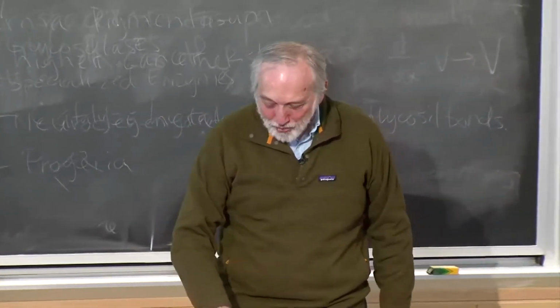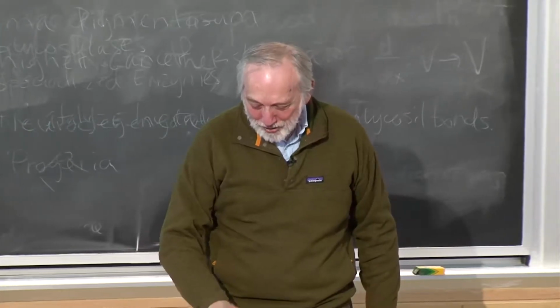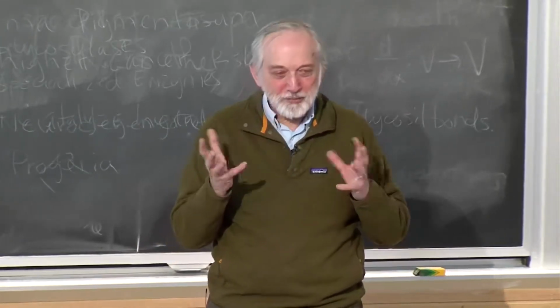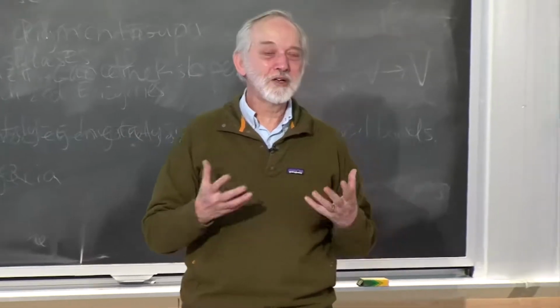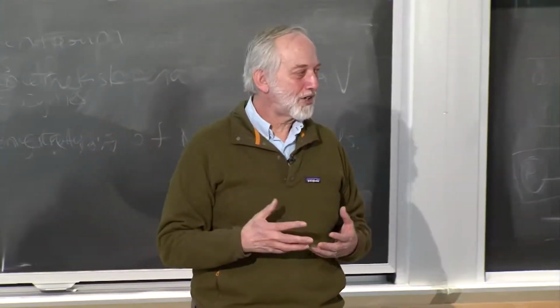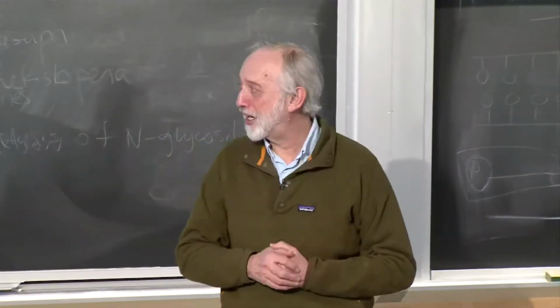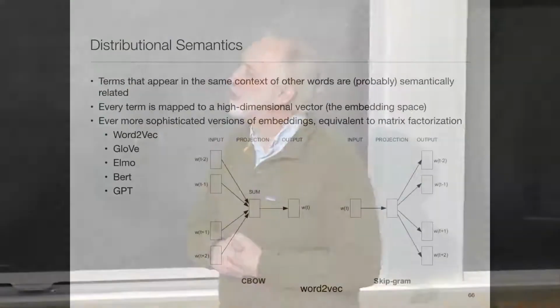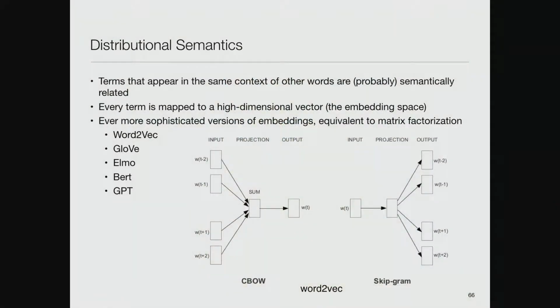Okay, so more recently, people said, well, we ought to be able to make use of this in some systematic way to help us with our language analysis tasks. So to me, the first effort in this direction was word2vec, which was Mikolov's approach to doing this. And he developed two models.